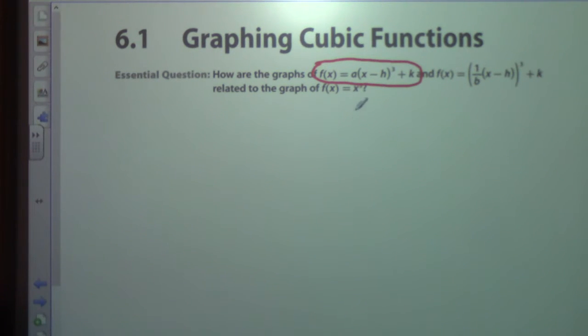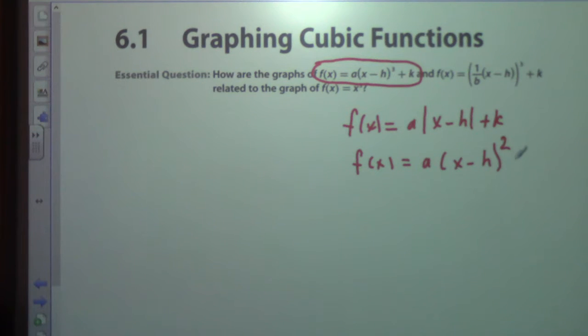We had the absolute value function. Remember that? What other kind of function did we do? Remember this? You should remember this.